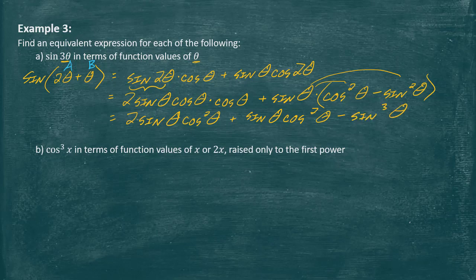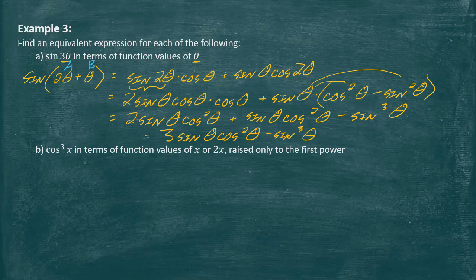And peculiar enough, those first 2 terms, 2 sine of theta cosine squared of theta, added with another sine of theta cosine squared of theta, can actually combine and turn into 3 sine of theta cosine squared of theta, and then minus sine cubed of theta.